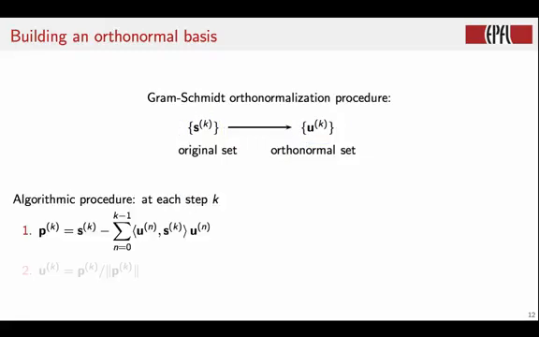The first is to take the next vector in line, say s_k, and remove from it all components that are collinear, namely in the same direction as all the other vectors that you have produced so far for the orthonormal set. And then, once you have whittled away all the components that are dependent on the previous vectors, you normalize the vector and obtain a new member of the orthonormal set.